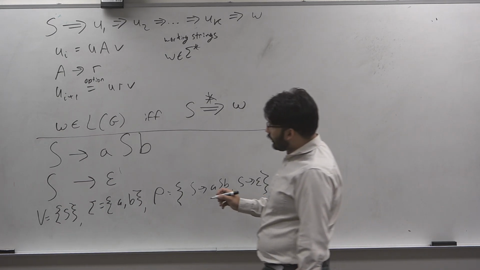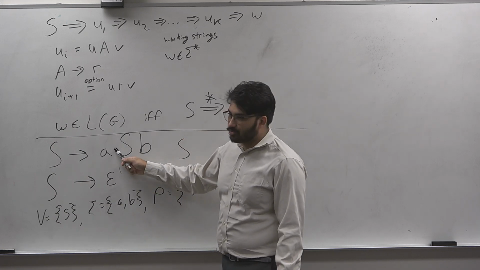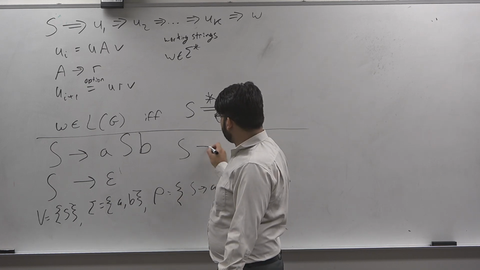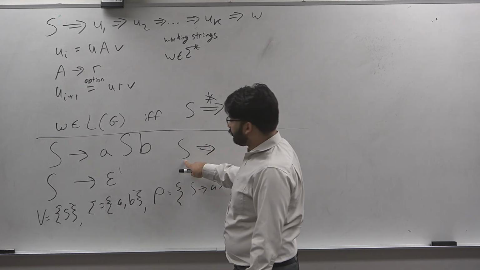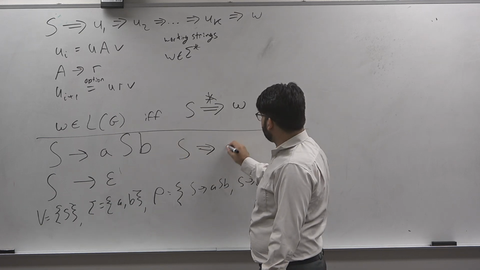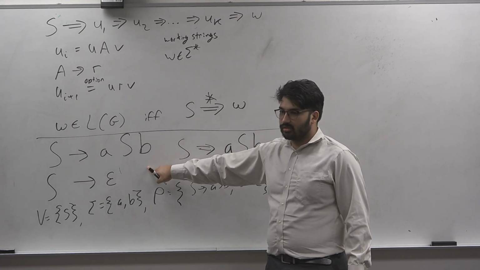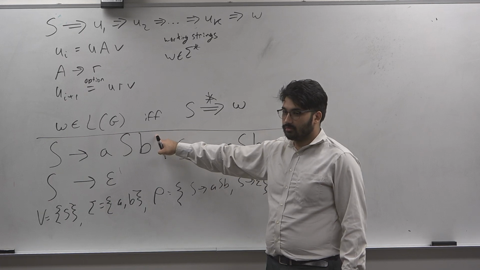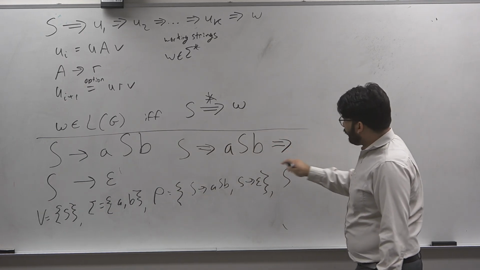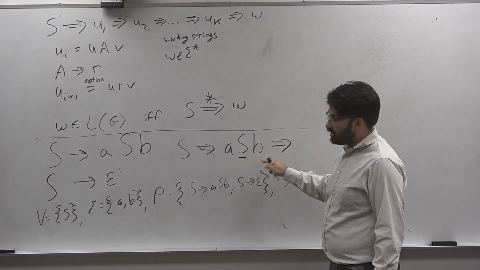So we have to begin somewhere. We begin with S. Choose one of these productions, the top one or the bottom. Top one. So we're going to replace this S with the right side of the production. Choose again, the top one or the bottom. Top. Let's not do the bottom yet. So what happens here, I'm going to replace only this S. The remaining is going to stay the same.